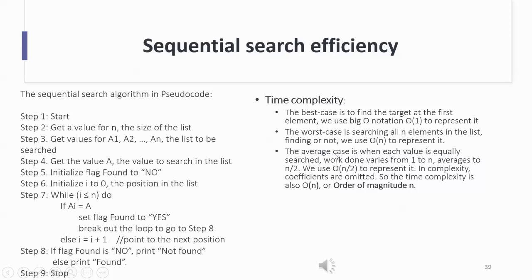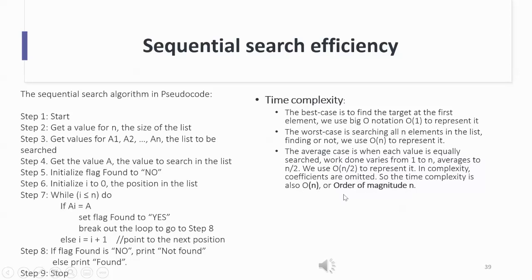The average case is when each value is equally likely to be searched. The work done varies from 1 to n, so the average will be half n, and we use big O half n to represent it. But in complexity, we omit the coefficients. So the time complexity is big O n.